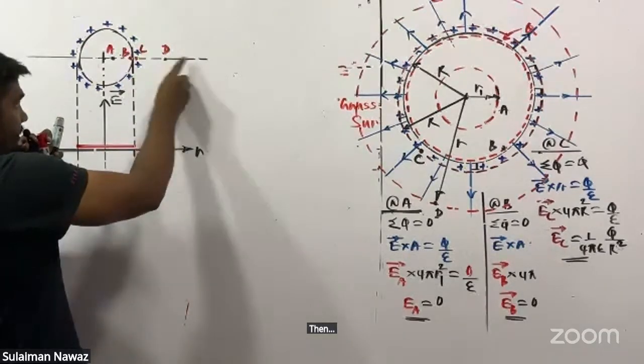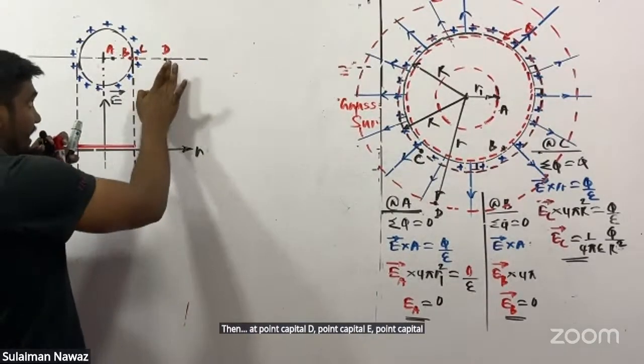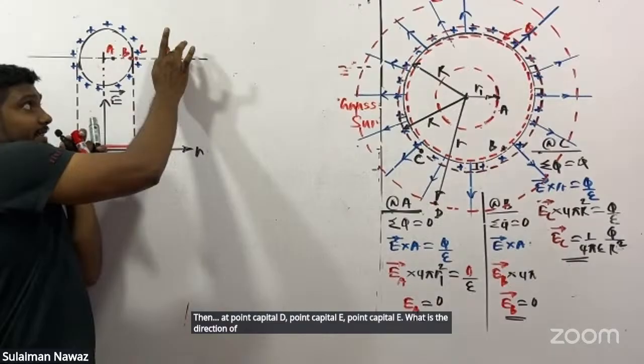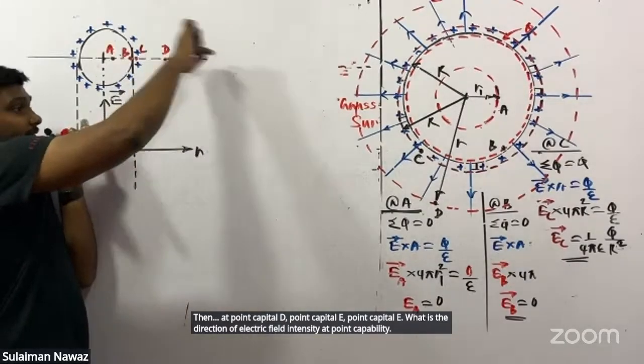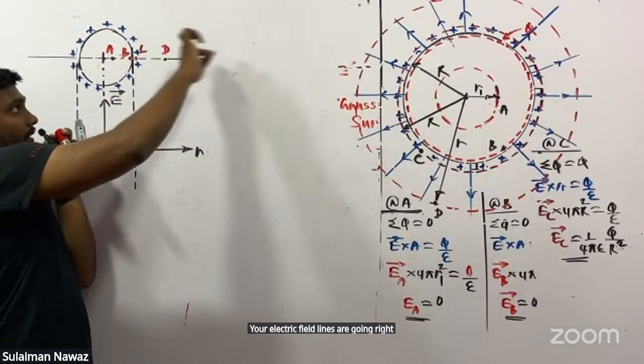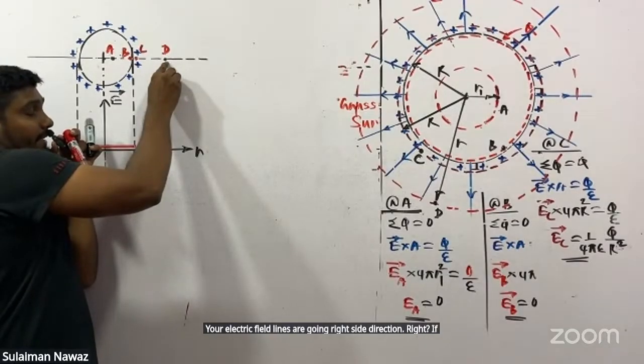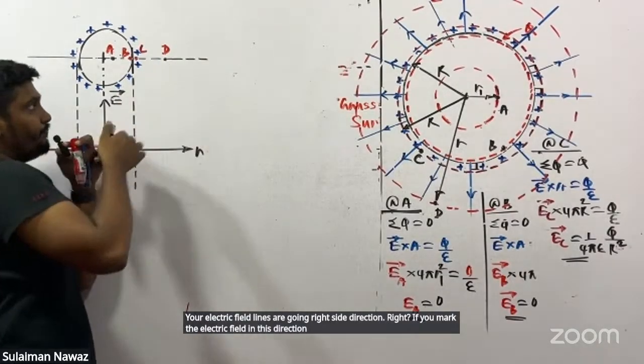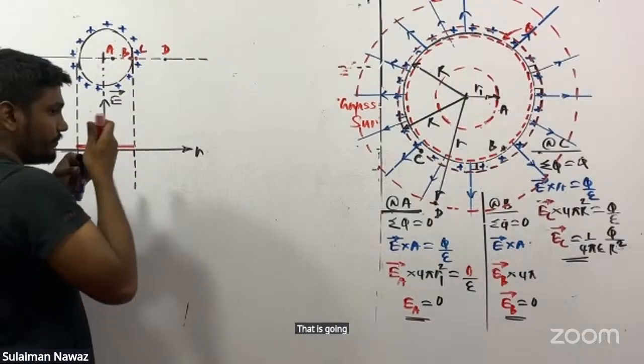Then at point capital D, point capital E, point capital F, what is the direction of electric field intensity? Your electric field lines are going in the right side direction, right? If you mark the electric field intensity direction at point capital D, that is going to be right side.